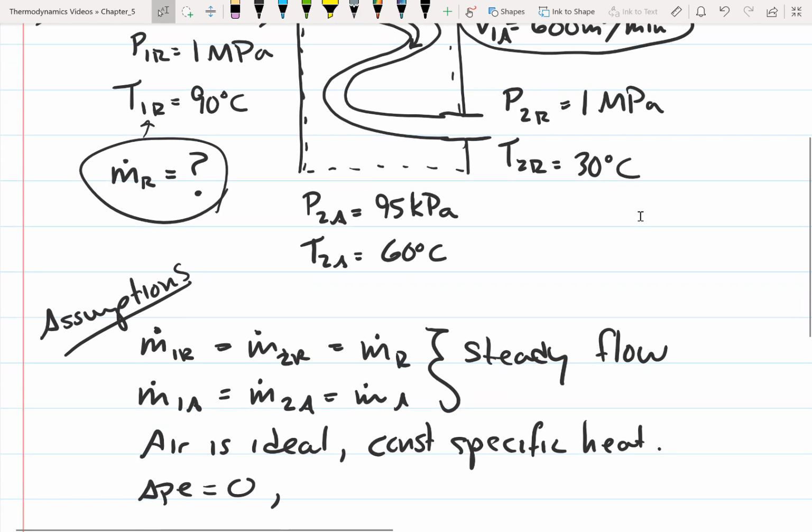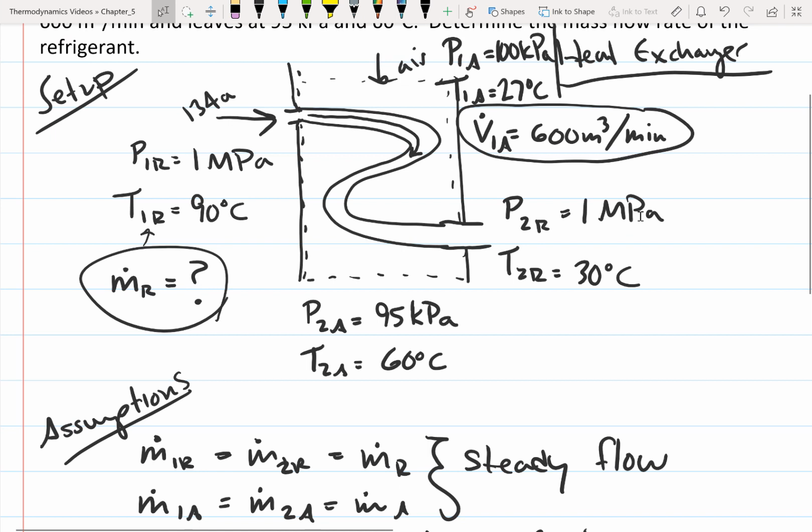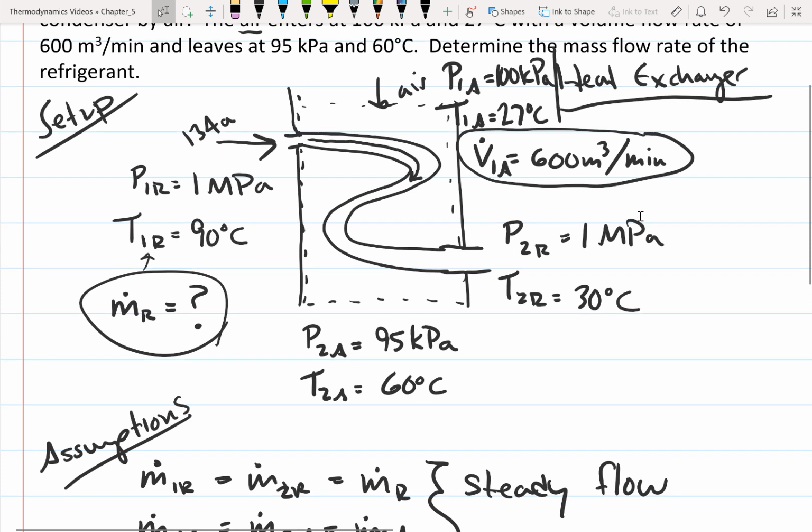And also, we're going to assume that the change in kinetic energy is 0. That one's a little less obvious because we have flowing fluids, and the question is whether the velocity is changing. It could be, but with heat exchangers the velocities are usually pretty slow.